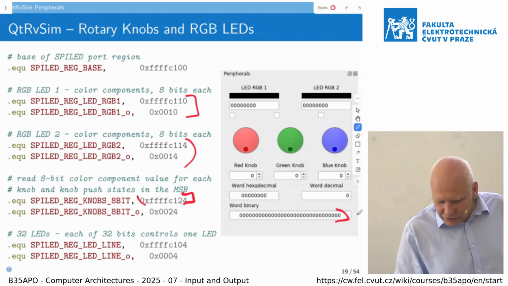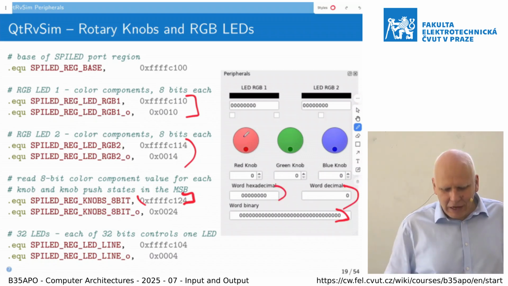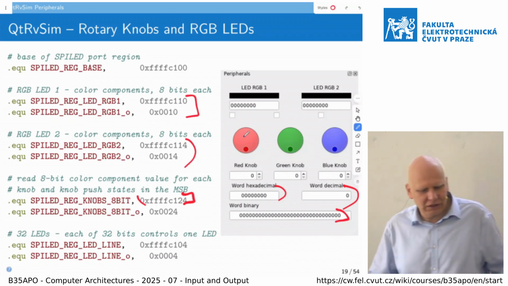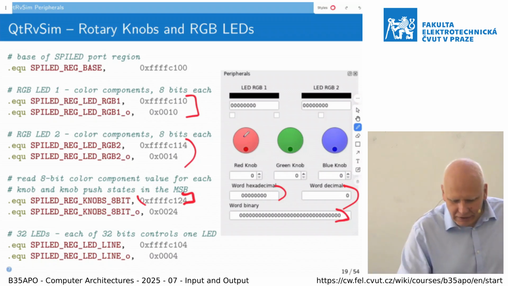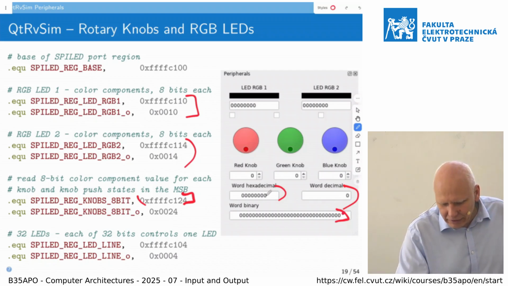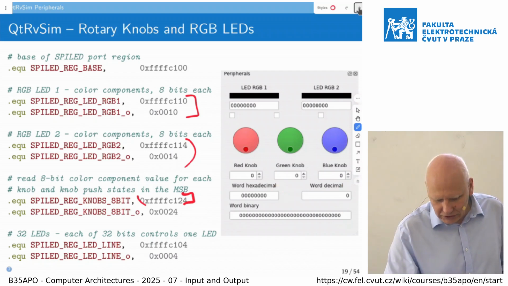In the case of the simulator, we even show the value in hexadecimal or decimal. So you can use, for example, the values on 2 knobs as the input to your calculator, sum them together, and return them back, and you will see the binary, hexadecimal and decimal value. So you can do something simple like that with it.